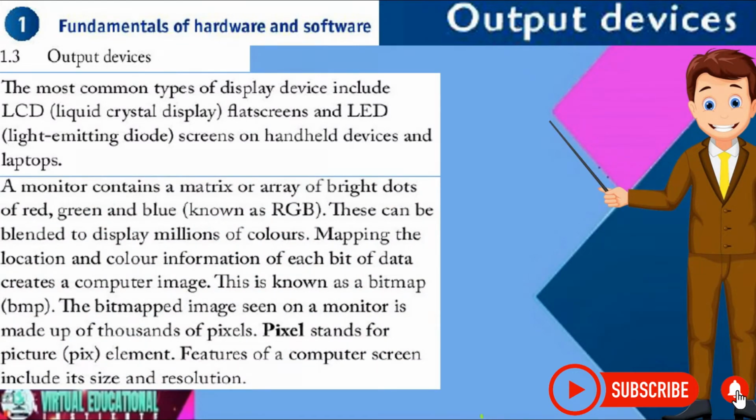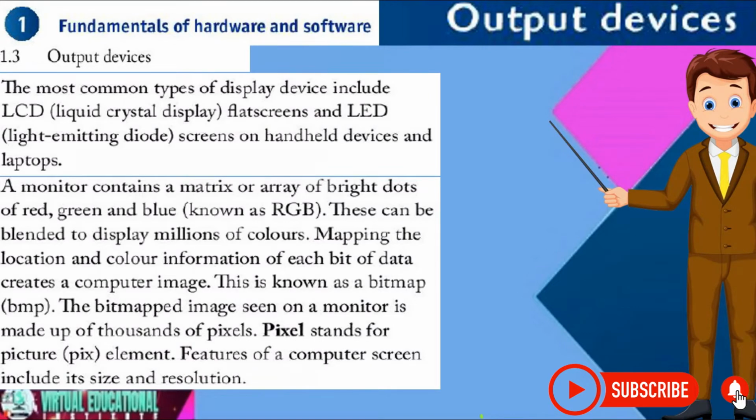Now, a monitor. How does a monitor function? A monitor contains a matrix or array of bright dots of red, green, and blue, and these are known as RGB. These can be blended to display millions of colors. It displays these millions of colors by mapping the location and color information of each bit of data that creates a computer image.